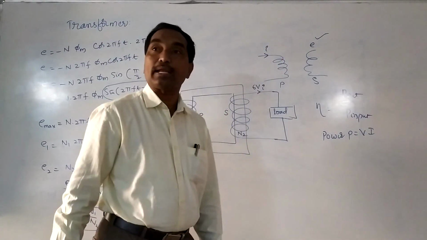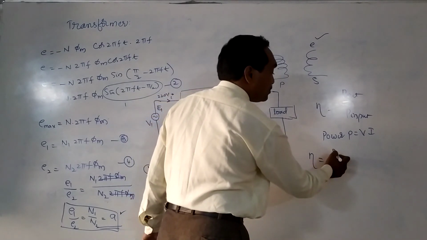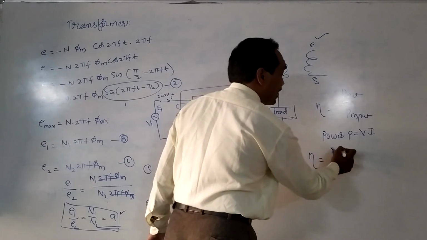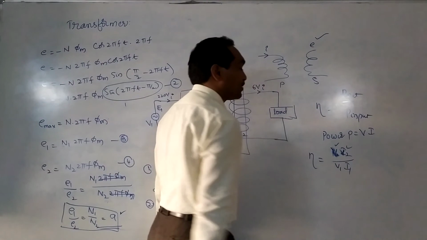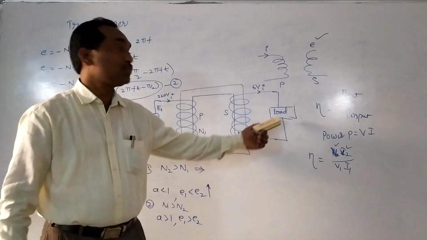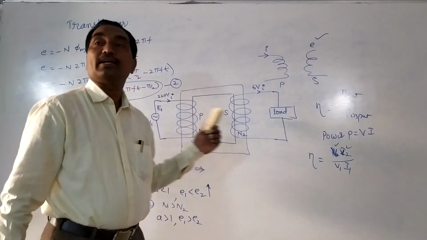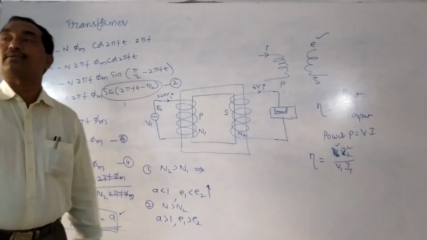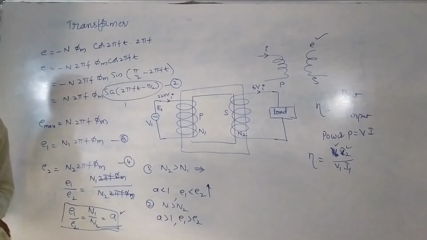So the efficiency of the transformer is equal to V2 I2 by V1 I1, where V2 and I2 are the potential and current of the output side and V1 and I1 are the potential and current of the primary side. That gives the efficiency of the transformer. Am I right? That is the transformer we discussed.